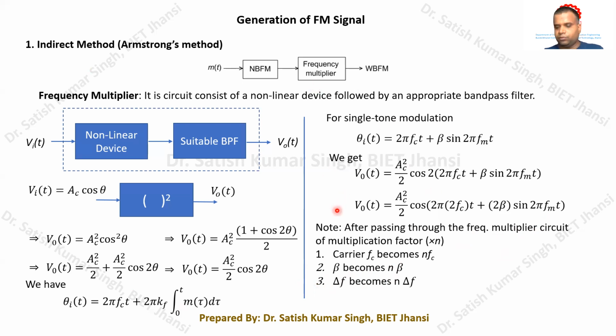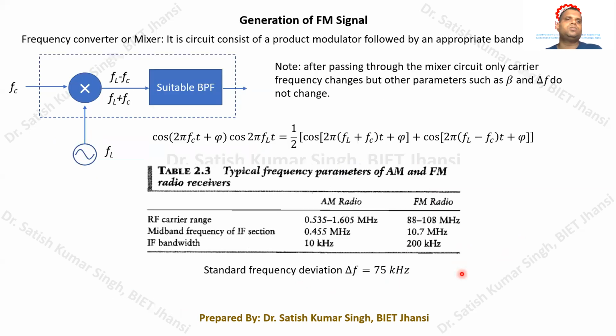Now we have to look at the effect of the mixer. We have another circuit called the frequency converter or mixer. Two different names exist: you can call it a frequency converter or a mixer. It is a circuit consisting of a product modulator followed by an appropriate band pass filter.